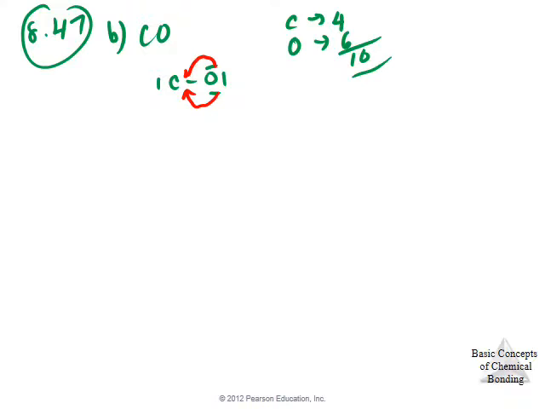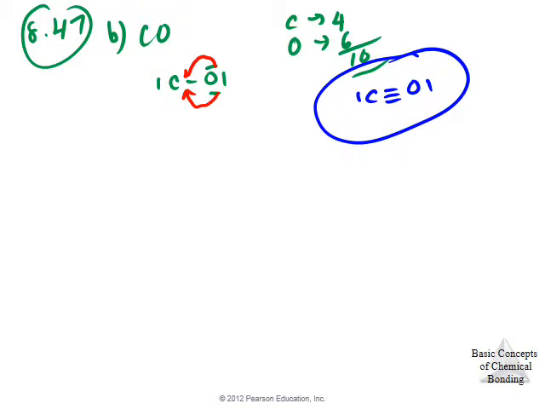So the structure of carbon monoxide is going to be C triple bond O, with a pair of electrons on carbon and one pair remaining on oxygen. So this is the structure of carbon monoxide.